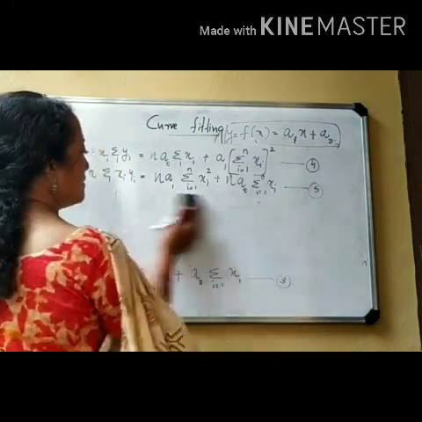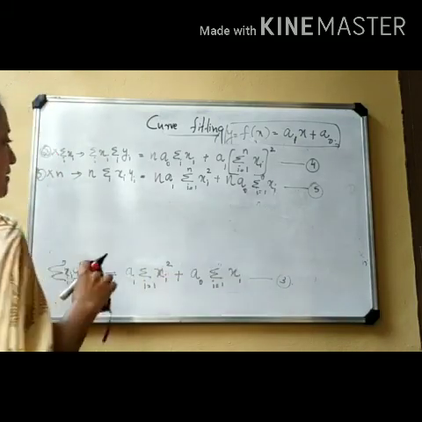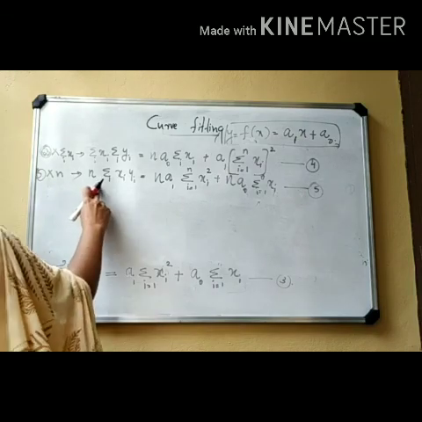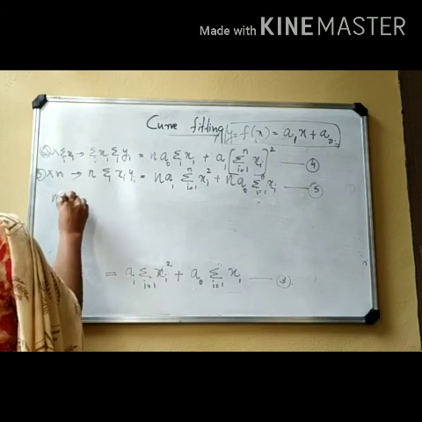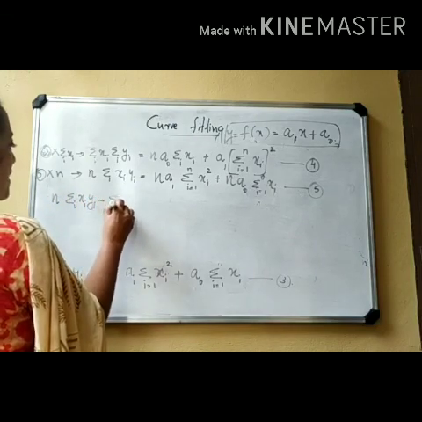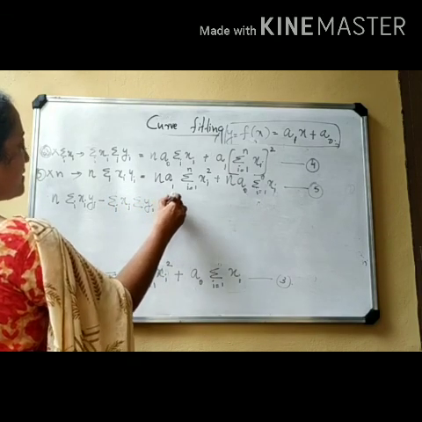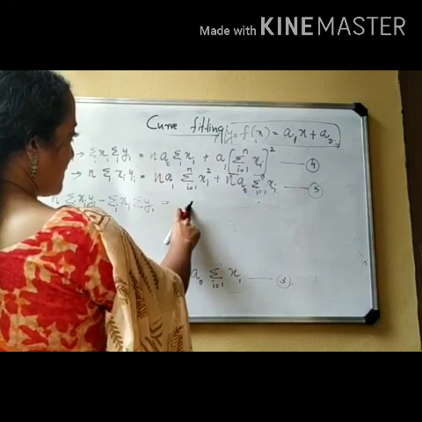Now, from equation 5, we can subtract equation number 4. So that our left side becomes n times sigma i xi yi minus sigma i xi into sigma i yi, is equal to, on the right hand side, this term gets cancelled.